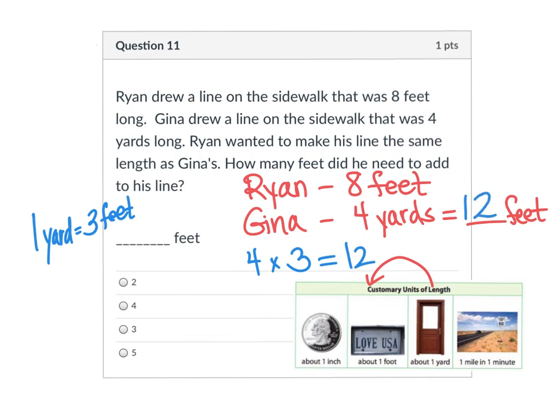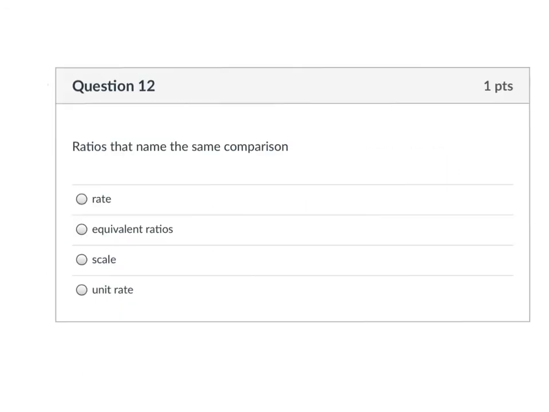But you can see that's not an answer choice because my question is, how many feet did Ryan need to add to his line so it's equal to Gina's? And so right now his line is 8 feet. We need to figure out what does he need to add so that it is 12 feet. So 8 plus 4 will get him to 12 feet.